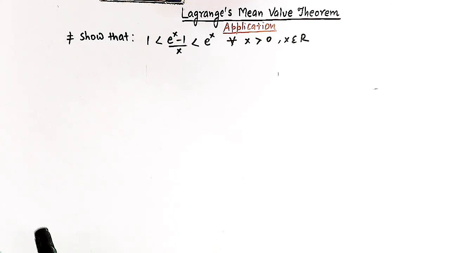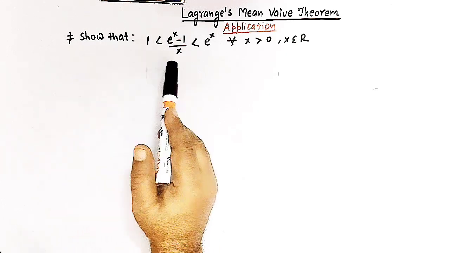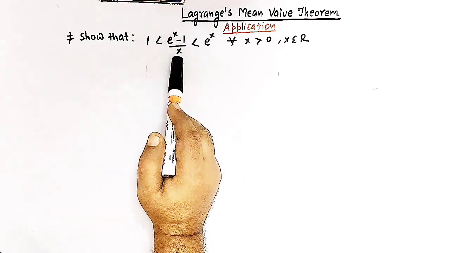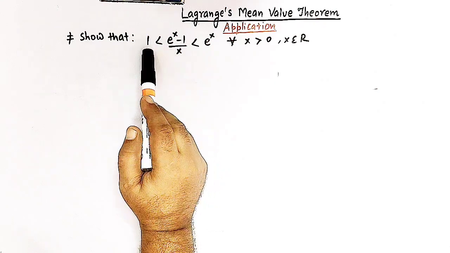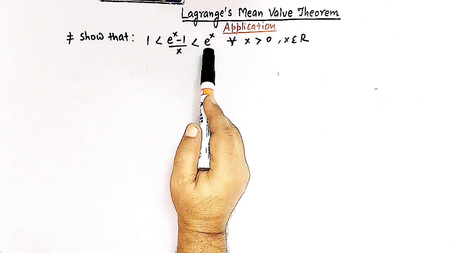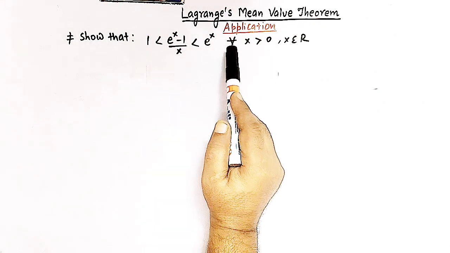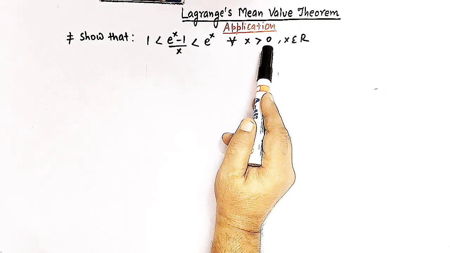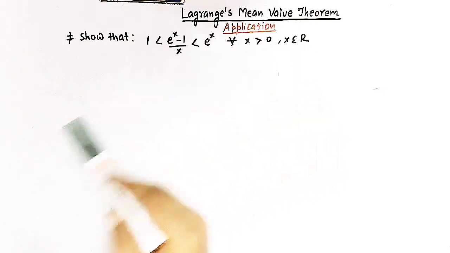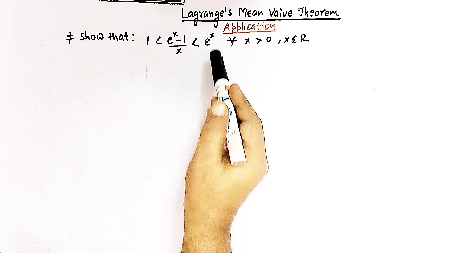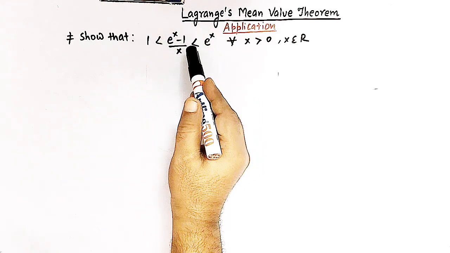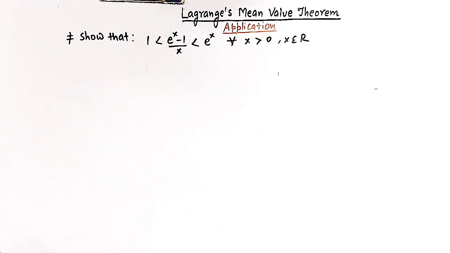Here we have to show that (e^x - 1)/x is greater than 1 but less than e^x for all x greater than 0, where x belongs to the set of real numbers. We'll prove this inequality using the concept of Lagrange's mean value theorem.